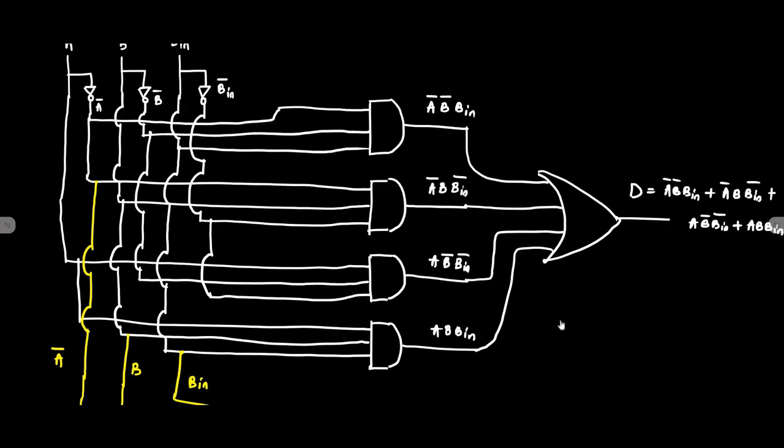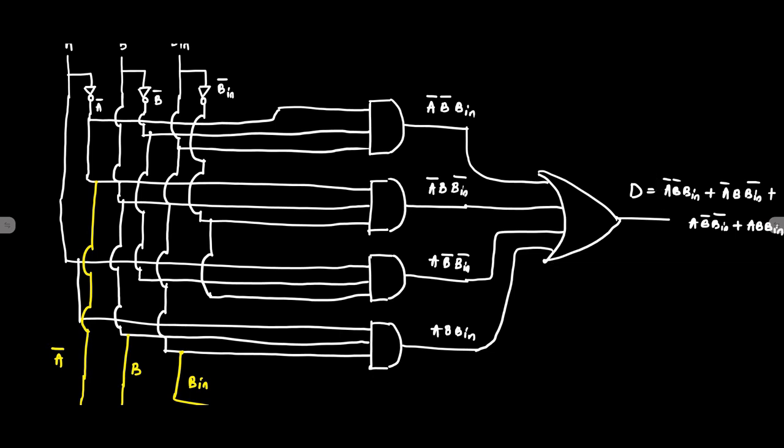So in the previous case, all this mess would have been avoided if you would have used a single XOR gate. For that single XOR gate, we had to use 4 3 input AND gates, then 1 4 input OR gate. So this entire thing represents that one XOR gate. This is nothing but A XOR B XOR B in.